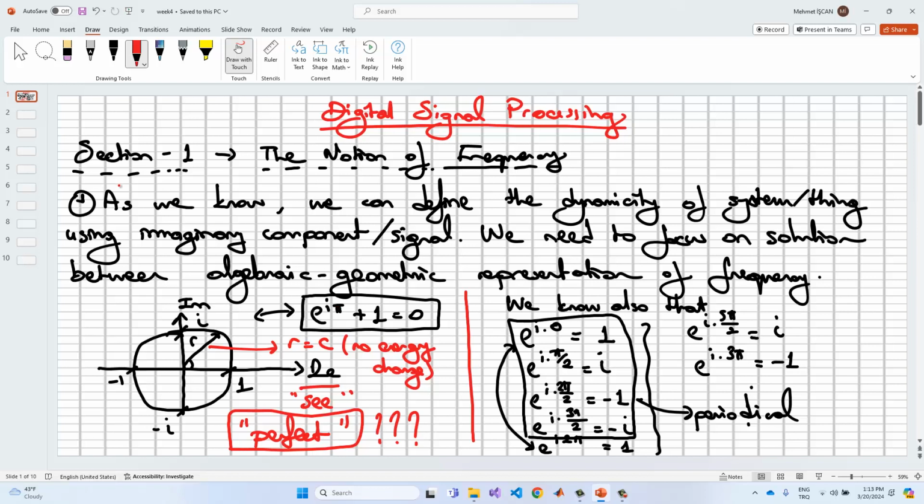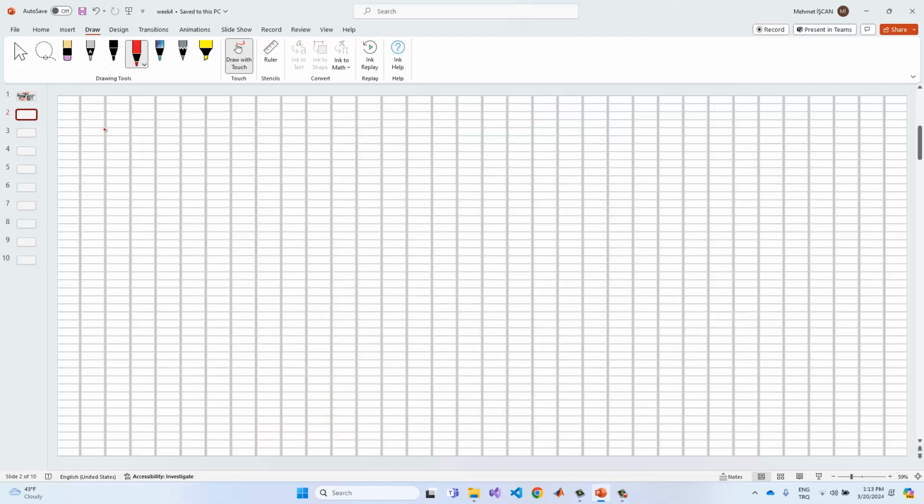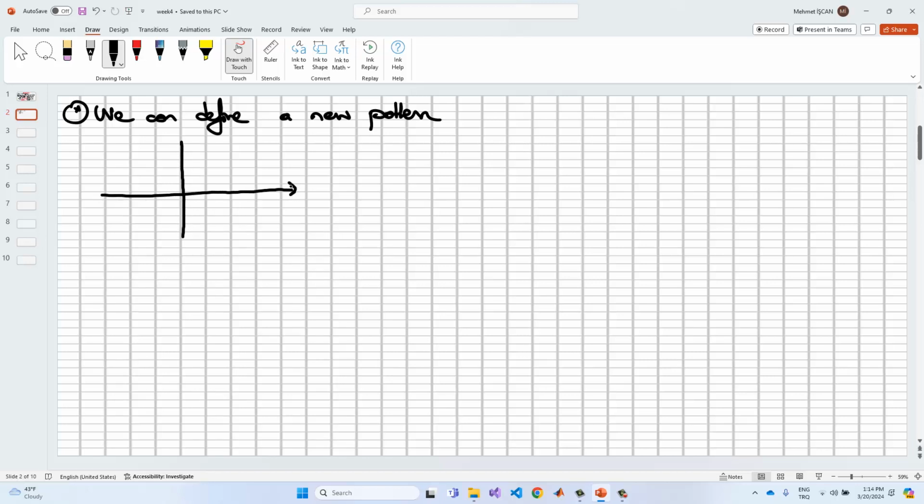But what if we can define a new pattern just like this one? Real, imaginary, right?